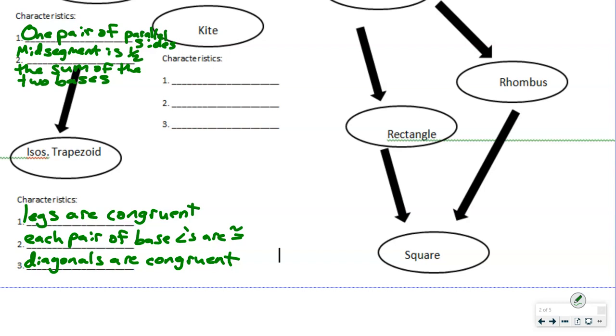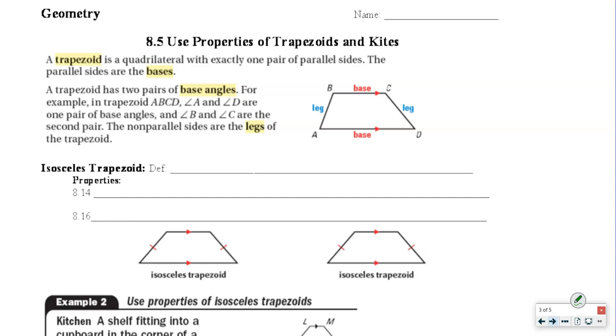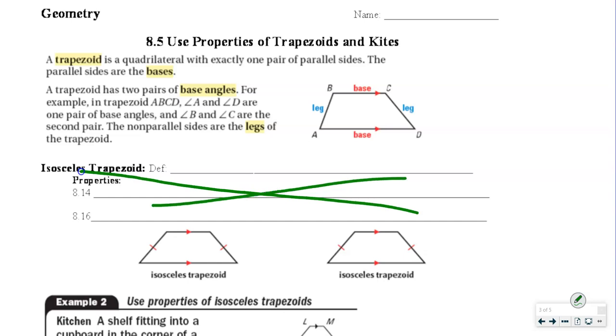But this is specifically for isosceles trapezoid. The diagonals are congruent, each pair of base angles are congruent, and the legs are congruent. And then we'll come back to kites in a moment. So don't worry about writing down that information. We just did that on our family tree.